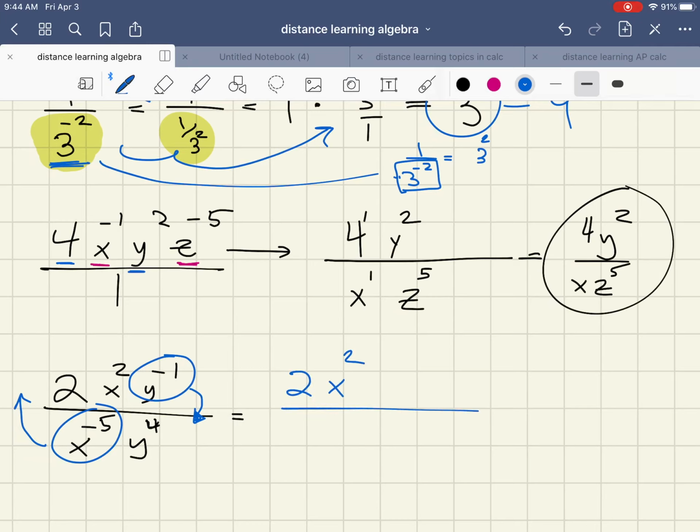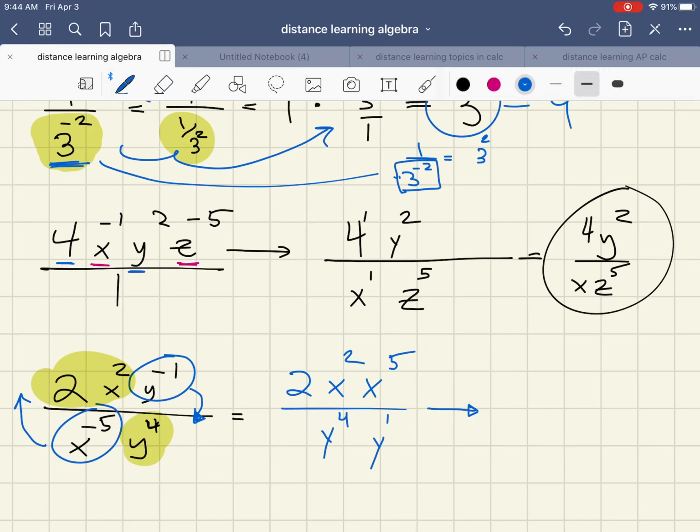And all of the other pieces, the 2x squared is going to stay in the top. The y to the 4th is going to stay in the bottom. These pieces here, they're already positive exponents. And then the other pieces will be moved. So the y to the negative 1 moves to the bottom, becomes positive 1. And the x to the negative 5th moves to the top and becomes positive 5.